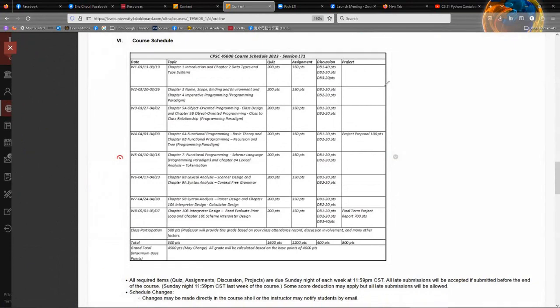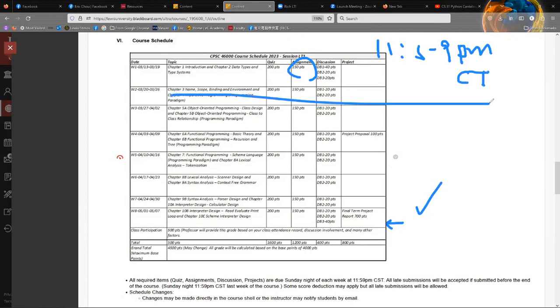So if you have a week 1 assignment, you can submit it in week 8. That's okay. But Sunday night, 11:59 p.m. Central Time, that's the definite due date. After that, you get 0 for all assignments you are missing.